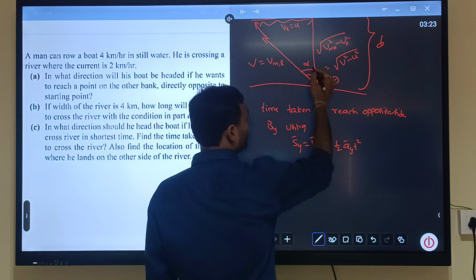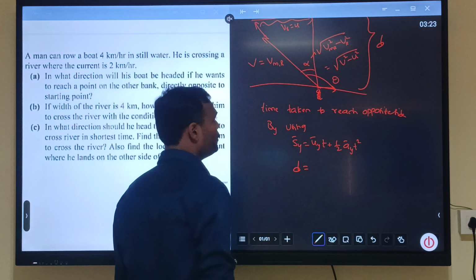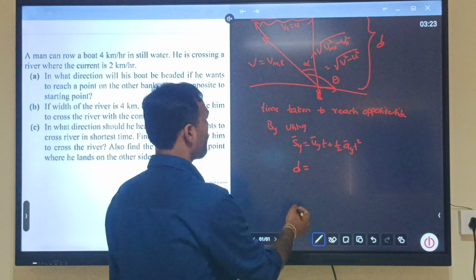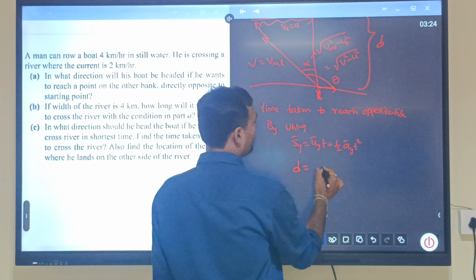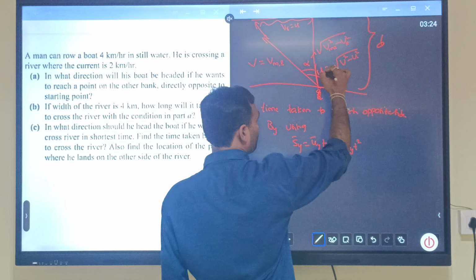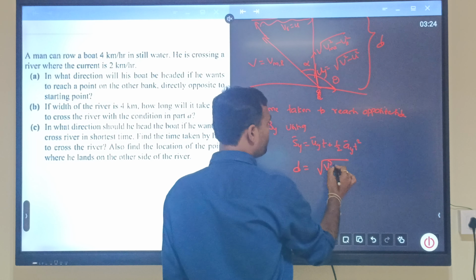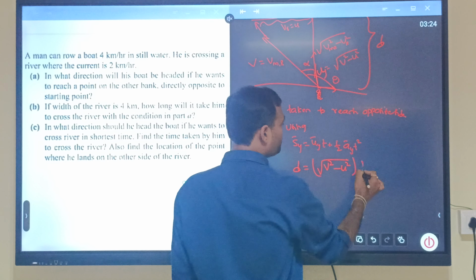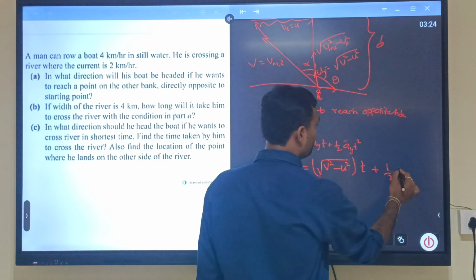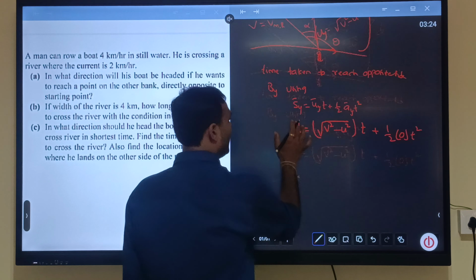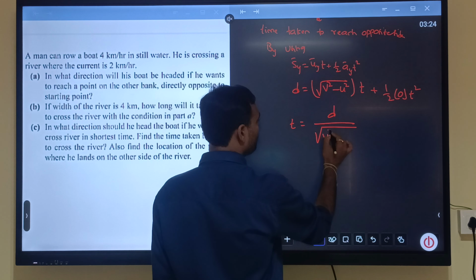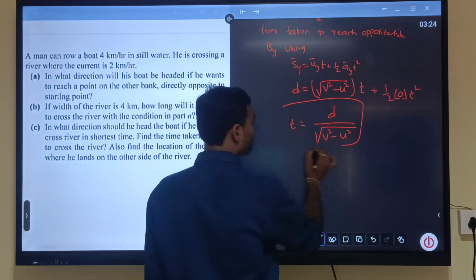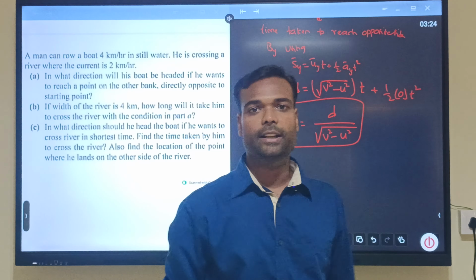Uy is the initial velocity on the y-axis, under root of v square minus u square, into t, plus half into 0 into t square, and this will give time as d by under root of v square minus u square.